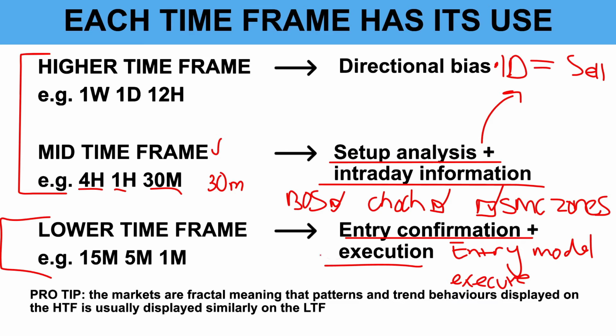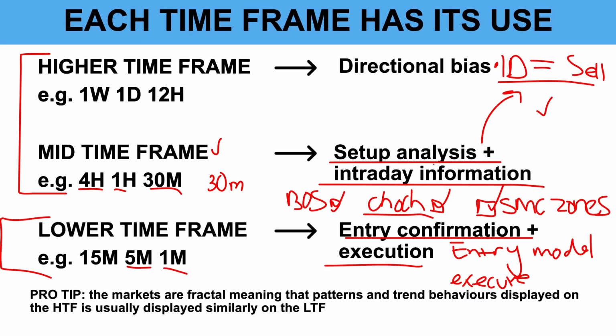So this is what top-down analysis is about. And if we continued with this example about the daily sells, and then, let's say on the middle time frame we had a change of character confirming these sells, then what we do on the lower time frame is we look for a 3-minute or a 5-minute or a 1-minute supply zone. We enter from that supply zone, and that is our trade.